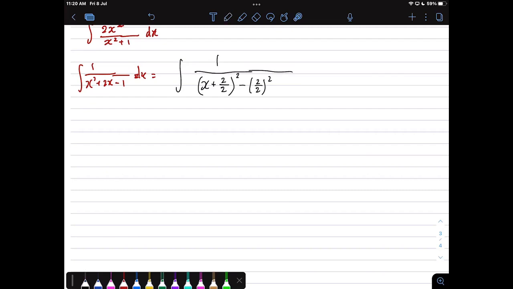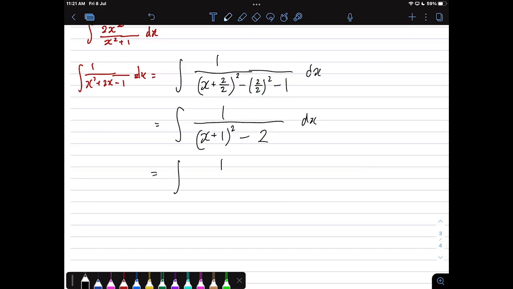Lucky for me, the coefficient of x squared here is a 1, so I don't need to factorize out the coefficient of x squared. Easier to do the completing the square part. Don't forget the minus 1. dx. Continue. 2 over 2 is 1, so x plus 1 bracket squared, minus 1 squared, which is just 1, so minus 1 is minus 2, dx.